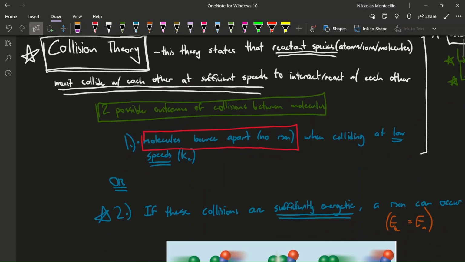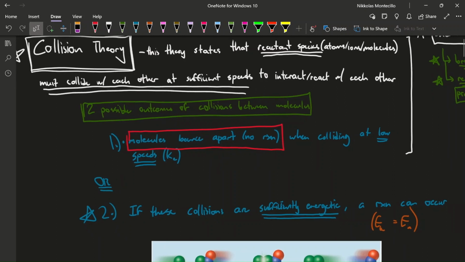Now, there are two possible outcomes of collisions between molecules. One outcome, which is generally undesired, is that molecules will simply bounce apart and therefore have no reaction when they collide at low speeds, which refers to a low kinetic energy of the molecules in a sample.